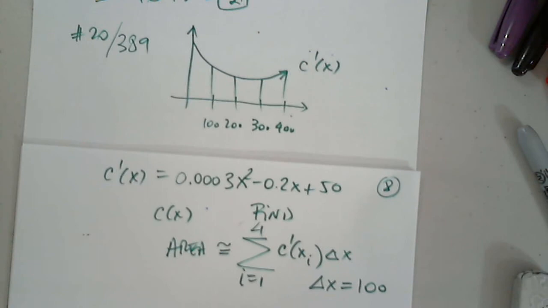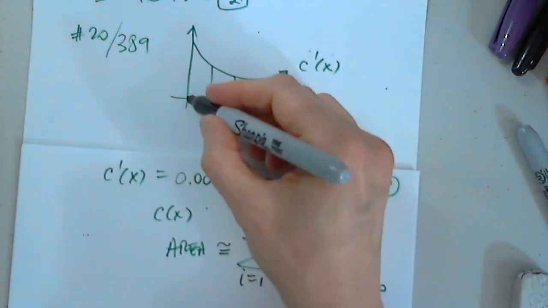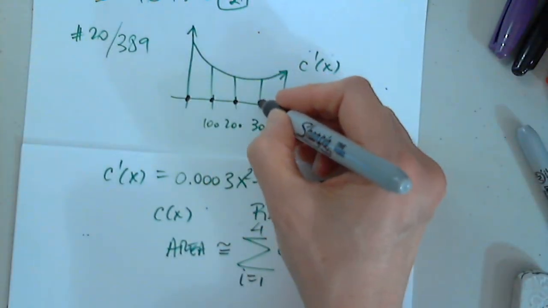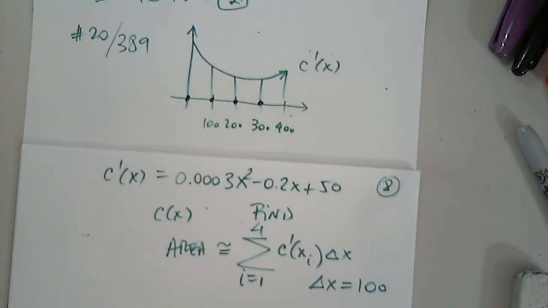So what would you like to use? The leftmost point, the rightmost point, or the midpoint? We only have to make a decision. If we want to use the leftmost point, we'll start with these. If we want to use the rightmost point, then we're going to use this.